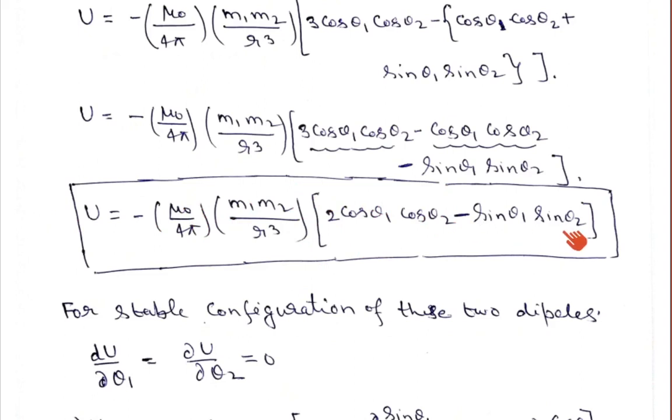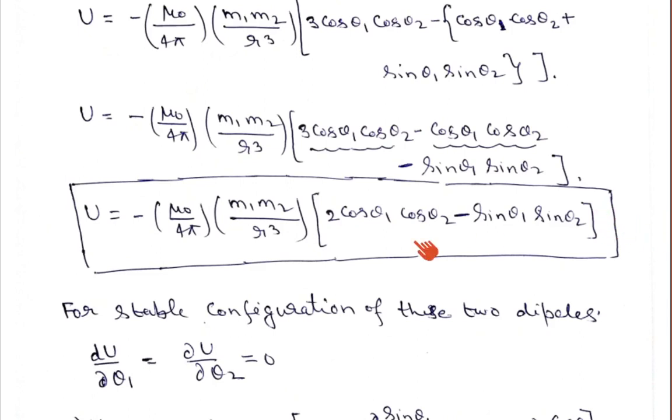So that is U equal to minus mu 0 upon 4 pi m1 m2 upon r cube, into this quantity. Okay. So this is the total interaction energy between the two dipoles if they are aligned at angles theta 1 and theta 2. This is the answer for the interaction energy between the two dipoles.